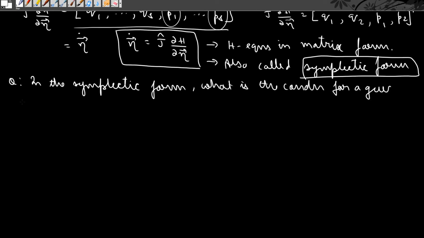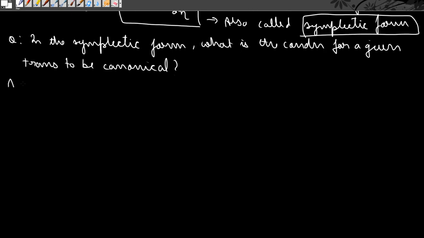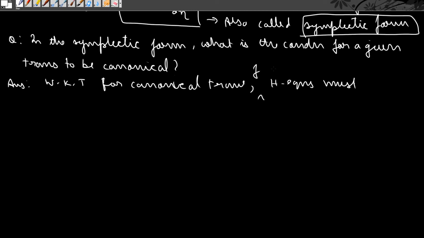To find the answer to this, we begin by saying that we know that for canonical transformations, the form of Hamilton's equations must be preserved.